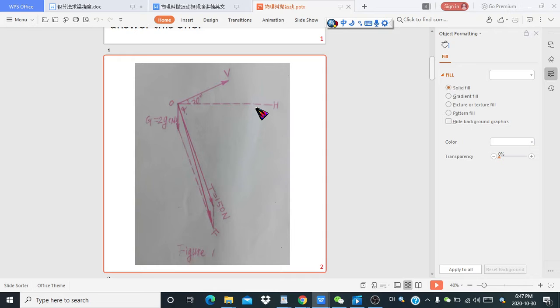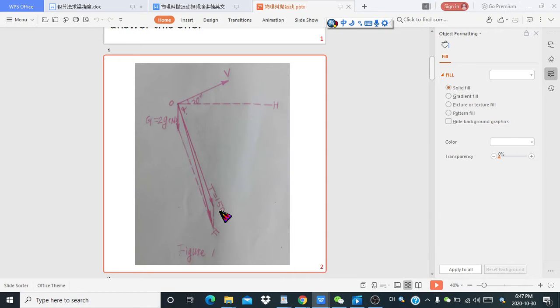The centripetal force F is the resultant of all the forces exerting to the rock. Forces G and T are the only forces exerting to the rock.